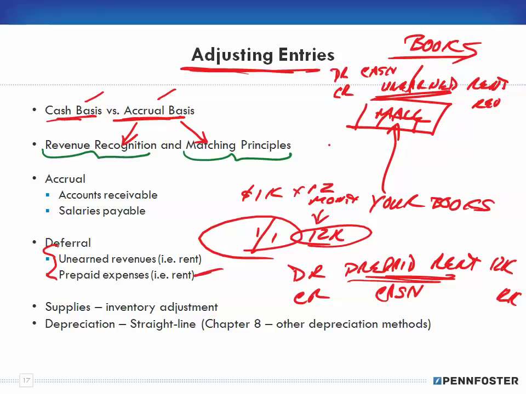It's unearned. They didn't earn it yet. Sure, you're paying the rent, but it sits on their books as a liability as of 1/1. Okay, why? Because it's money that they don't own yet. All right, you haven't used it. You haven't used it up.